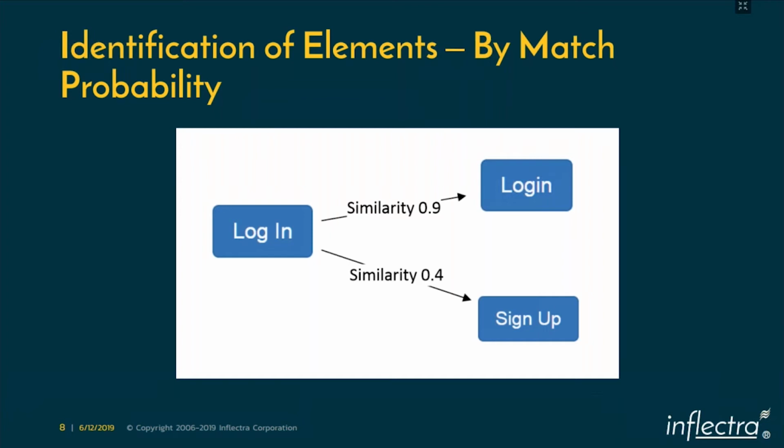So why may it happen? It may happen because the element is not displayed on the screen at all, or because its properties have changed for some reason. Let's look at a simple example.